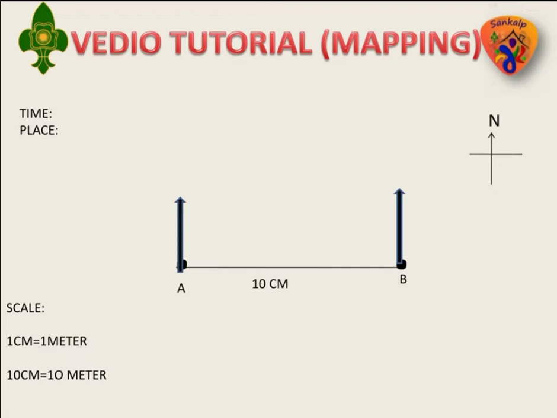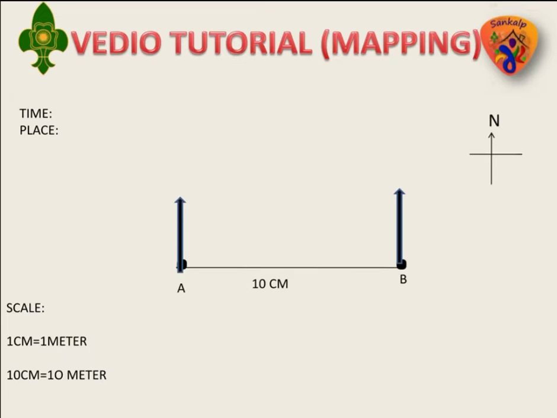These reference directions should be in the north direction. This gives us a guide, so that it acts as an angle for us. When we make angles, it will be very useful.